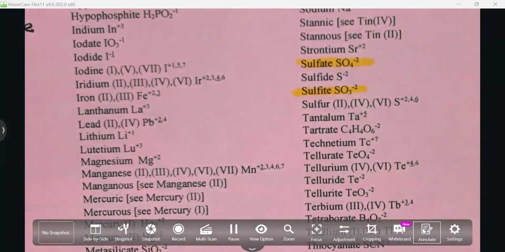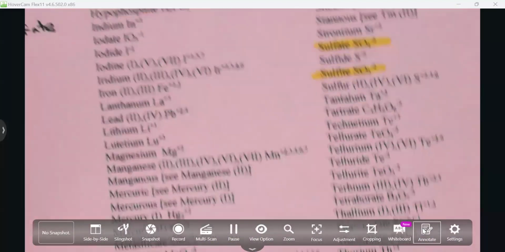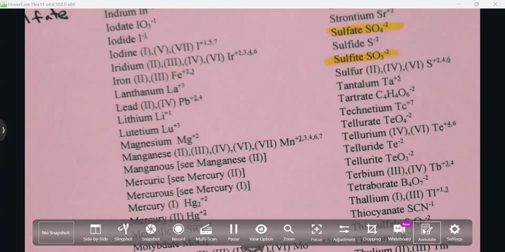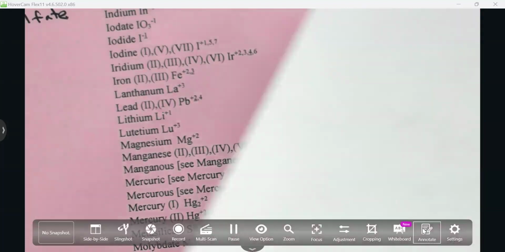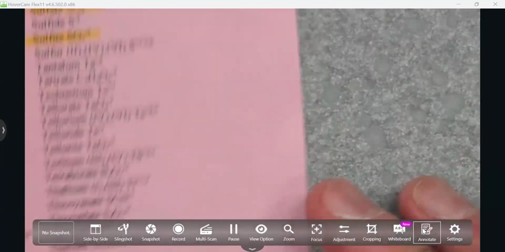And then we have sulfate, sulfite to finish this off. Sulfate, sulfite.